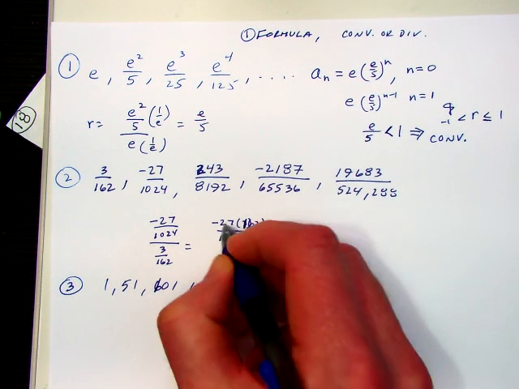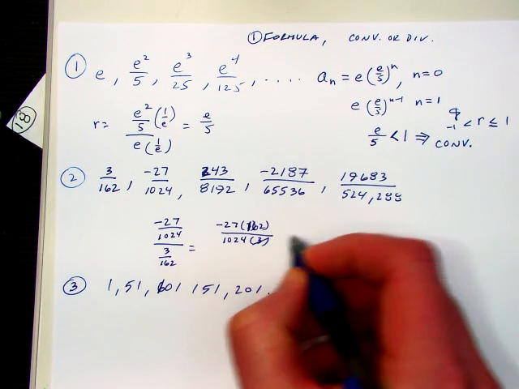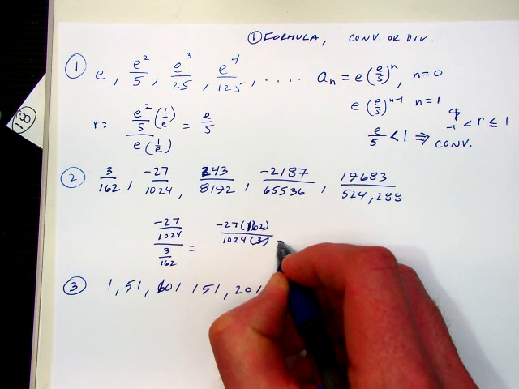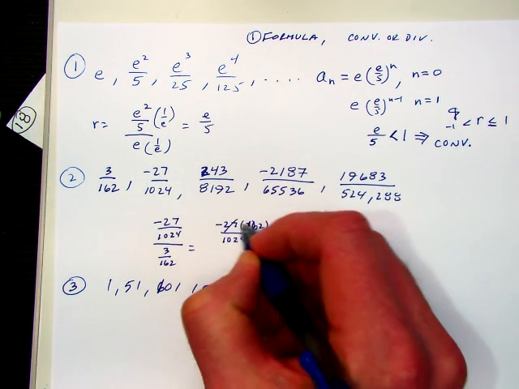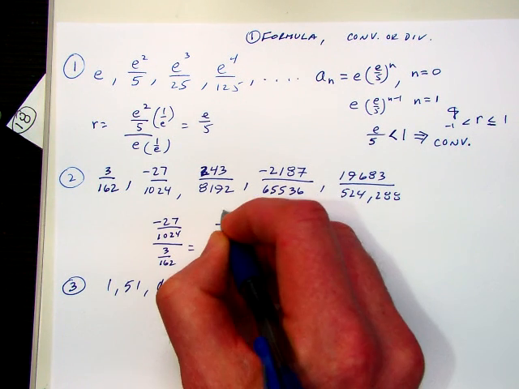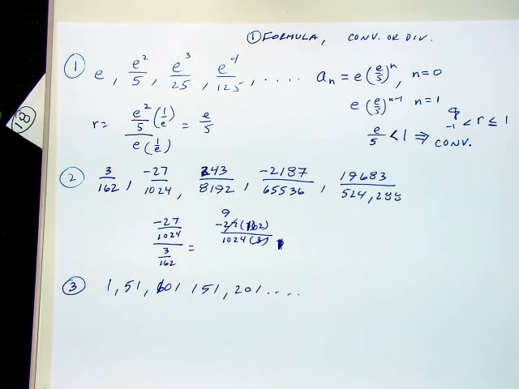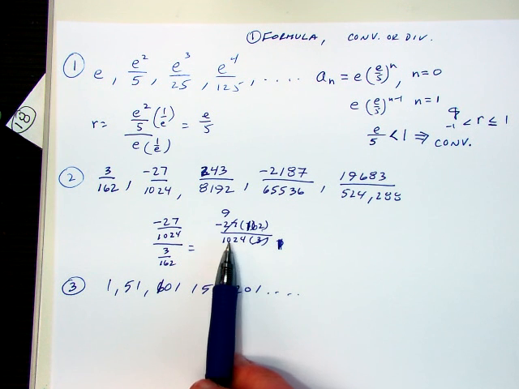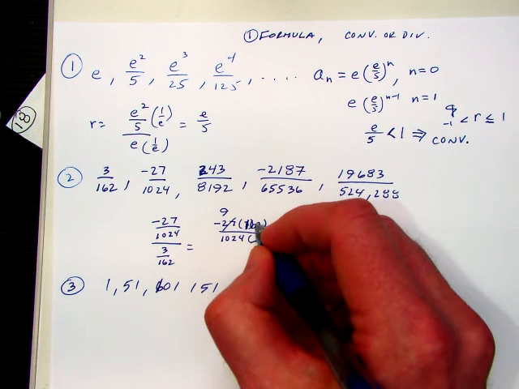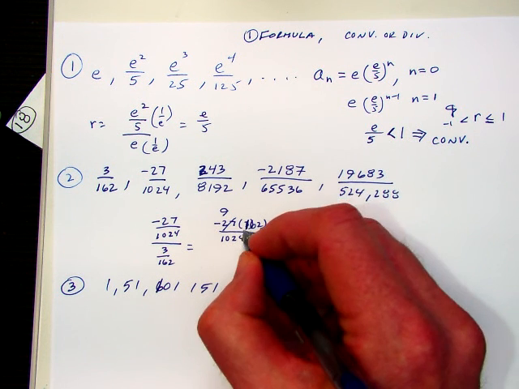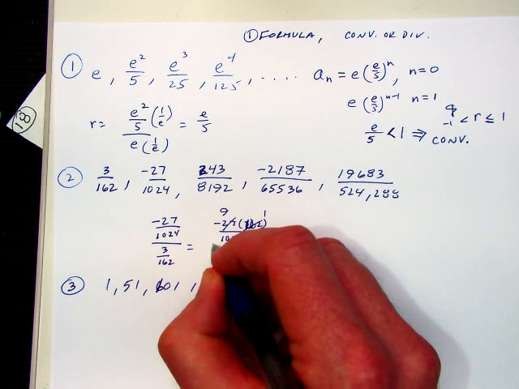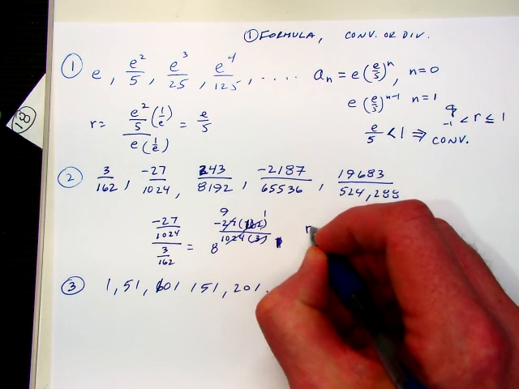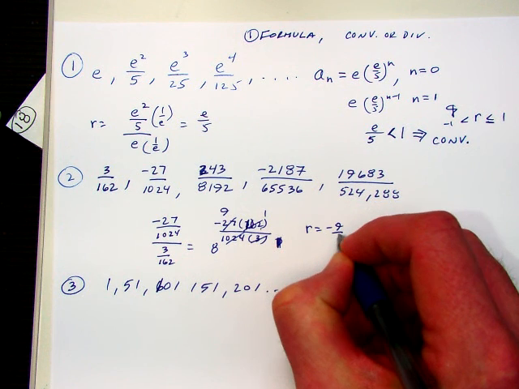Well, 3 divides both of these, so it goes in there once, and it goes in there 9 times. 162 divides this evenly, because I believe it goes in there 8 times. So r is equal to -9 over 8.